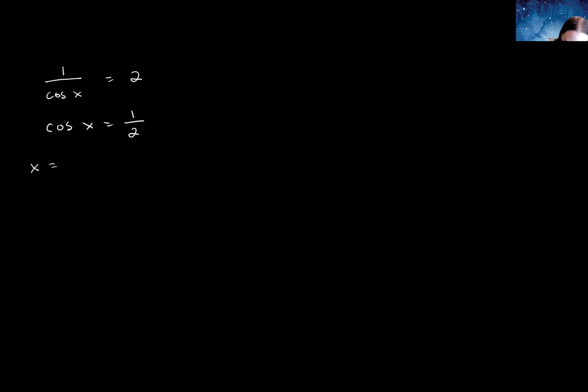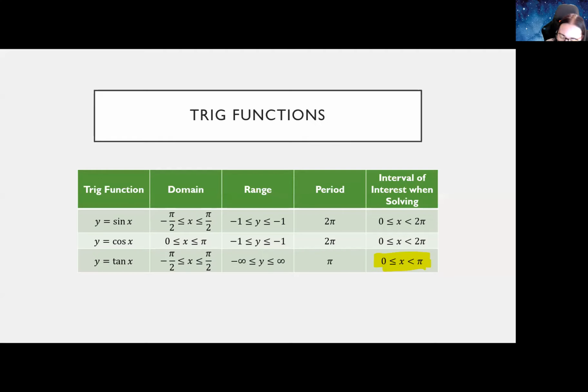So x can be 5 pi over 3, and x can be pi over 3. Now, when we're trying to figure out where our interval of interest is for cosine, we want between 0 and 2 pi.